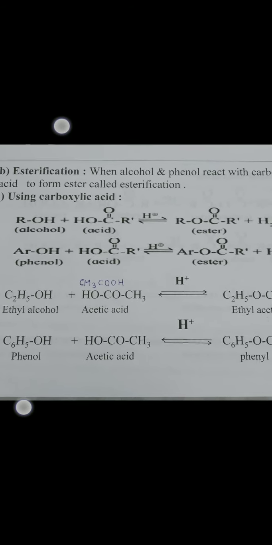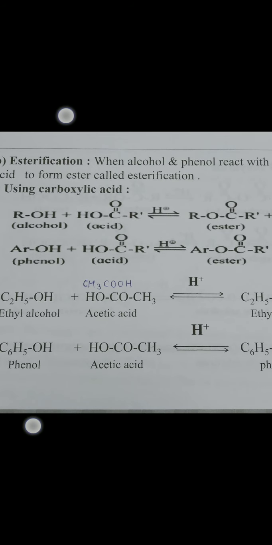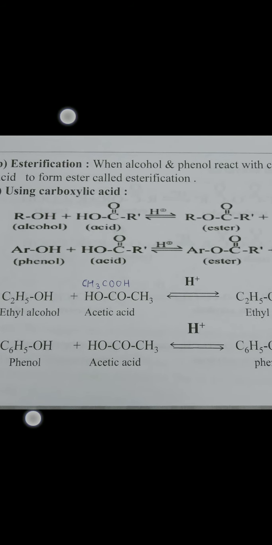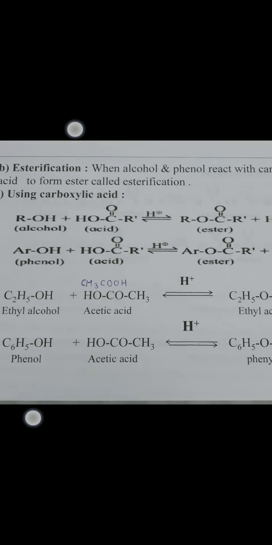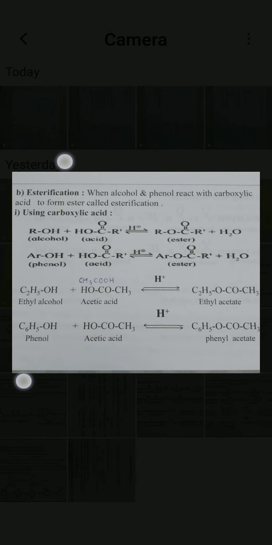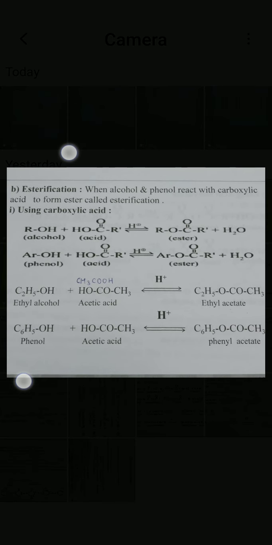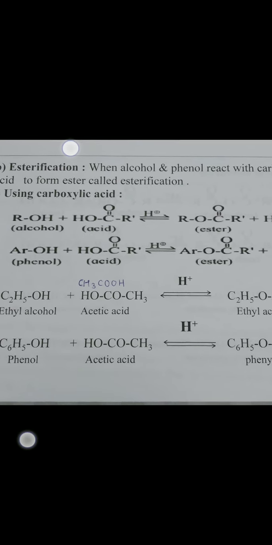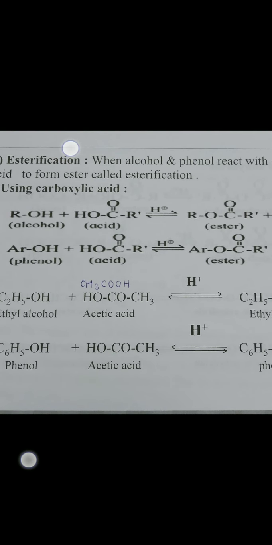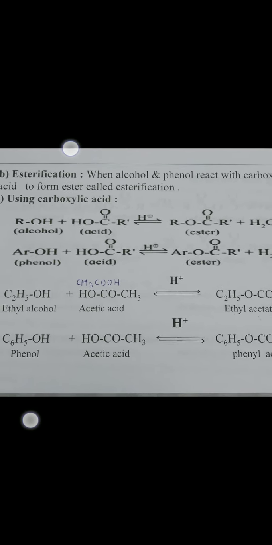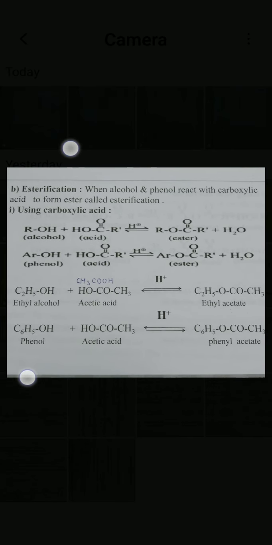For example, C2H5OH, ethyl alcohol, plus CH3COOH, acetic acid, gives CH3COOC2H5, that is ethyl acetate. Similarly, C6H5OH, phenol, reacts with acetic acid CH3COOH to form CH3COOC6H5, that is phenyl acetate.